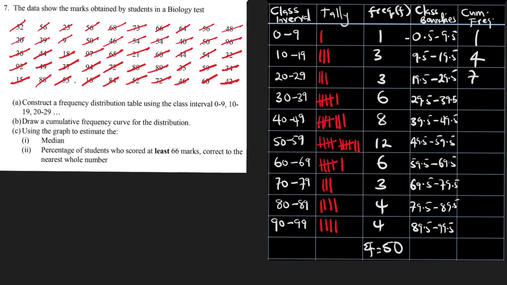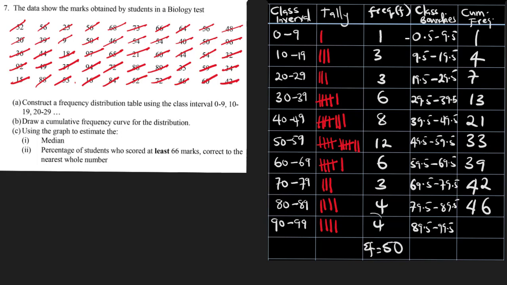Then 7 plus the next one, 6, gives us 13. Then 13 plus 8 gives 21. 21 plus 12 gives 33. 33 plus 6 gives 39. 39 plus 3 gives 42. 42 plus 4 is 46.